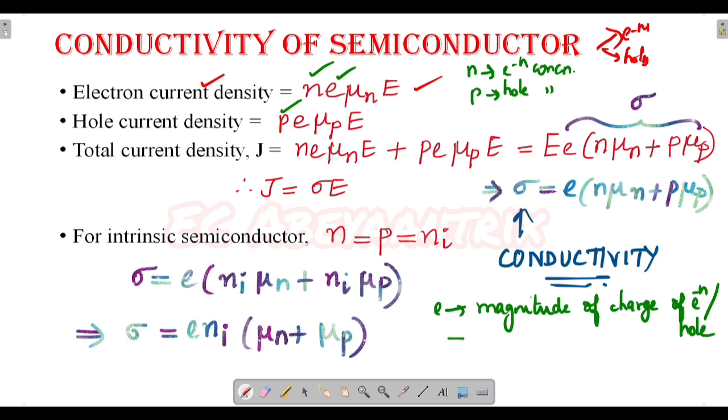This is a standard value, 1.602 into 10 power minus 19 coulomb, which you might have learned already.